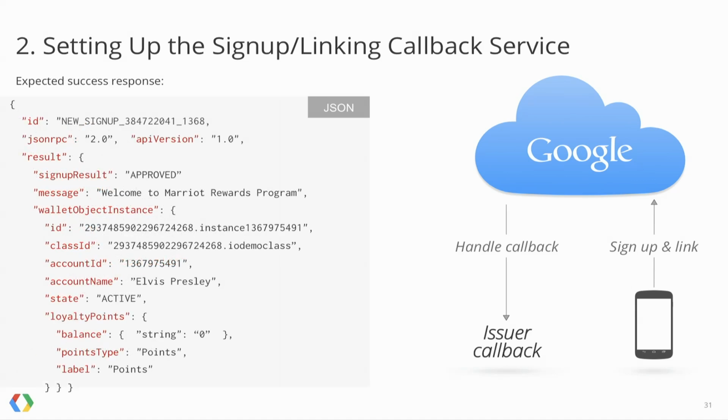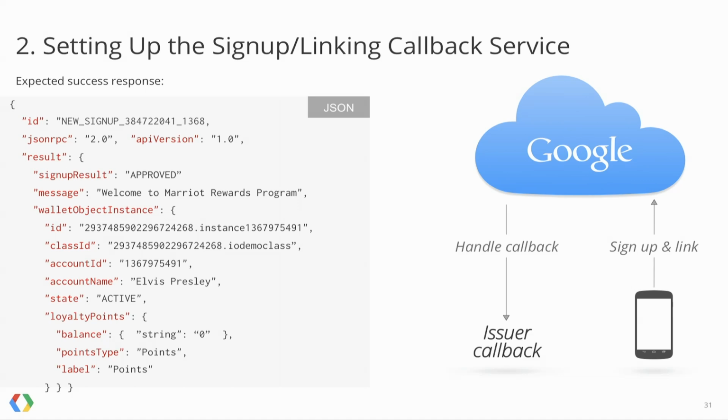So once the merchant has received the request and processed the request, the merchant is expected to send back either an approved response or a failure response. This is the example of a successful response. In this, the 3 main fields to focus on are the sign-up result, in this case approved, the welcome message, and the wallet object.